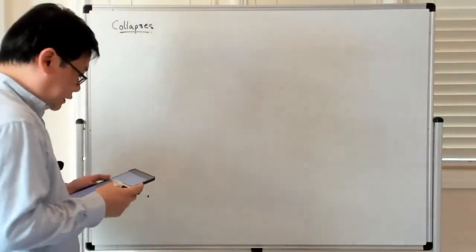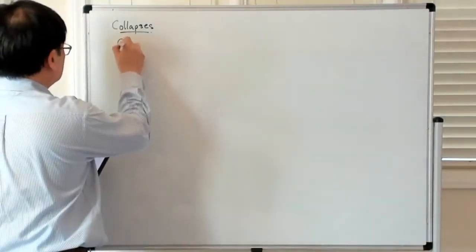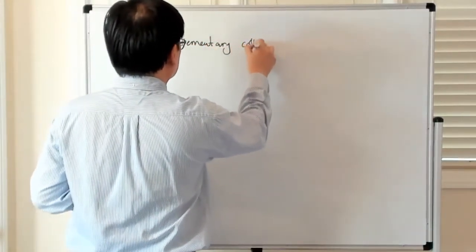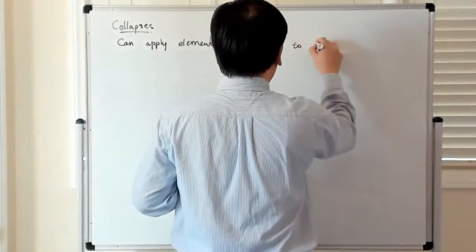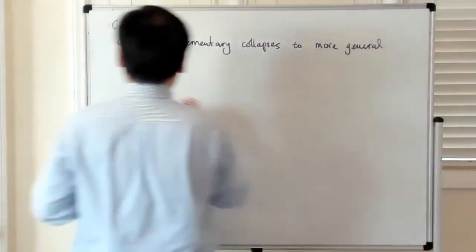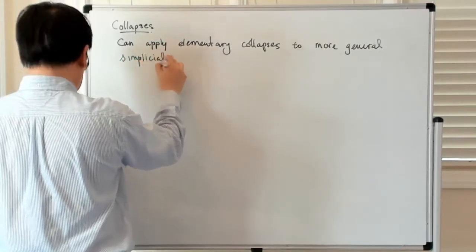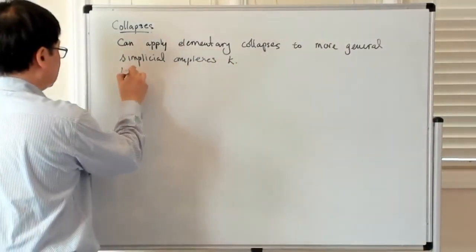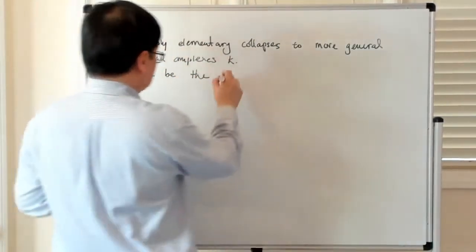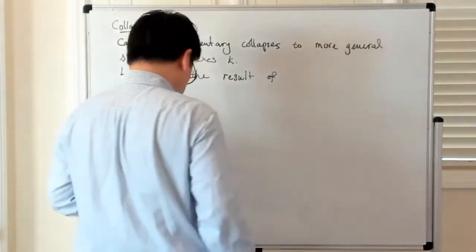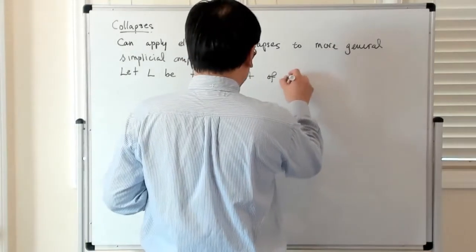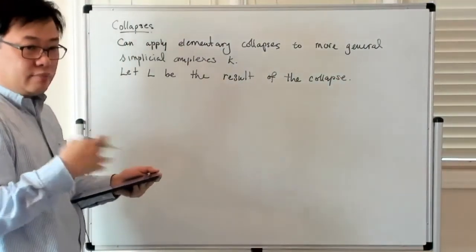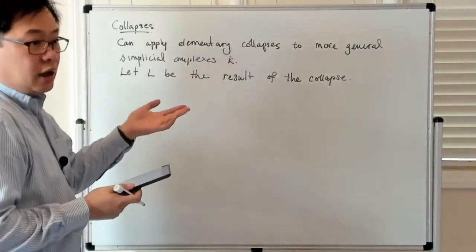So more generally, of course, you can apply these elementary collapses to more general simplicial complexes, say K. If you let L be the result of the collapse, the point is that each of these elementary collapses can be realized as a deformation retraction from one stage to the other.